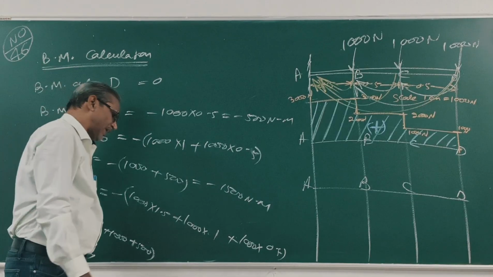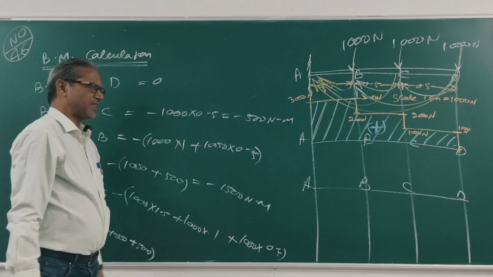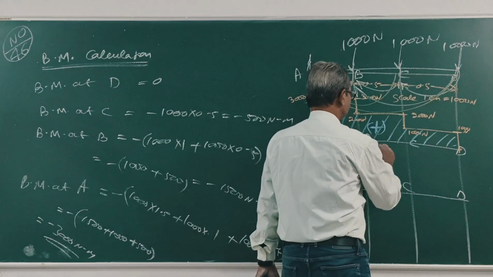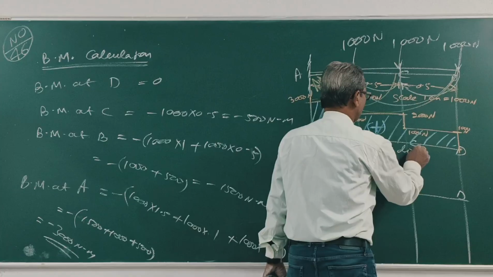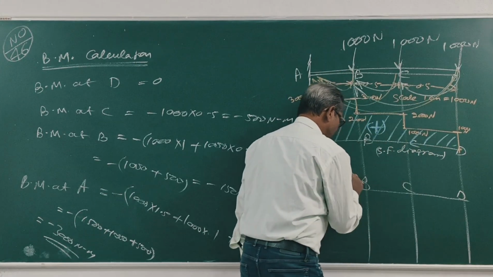Now draw the bending moment diagram. Take scale. All are negative, so all are drawn below the baseline. This is the shear force diagram. Now this is the bending moment diagram.